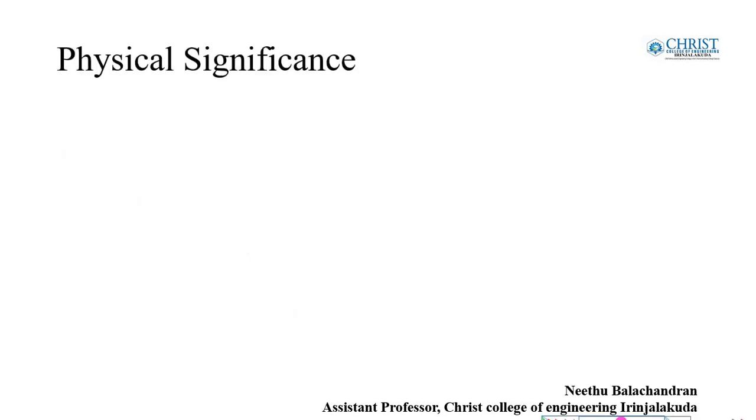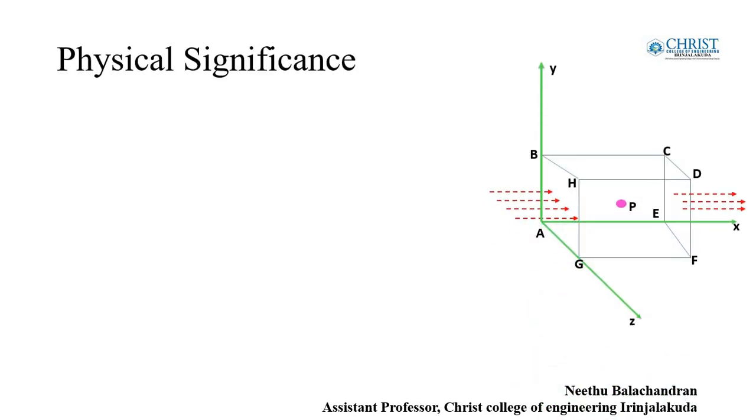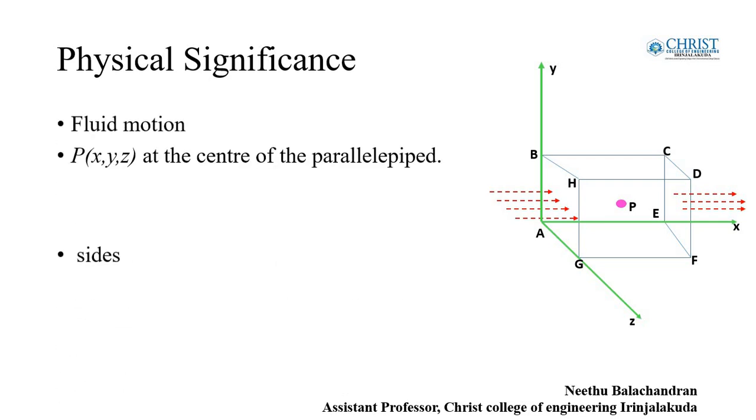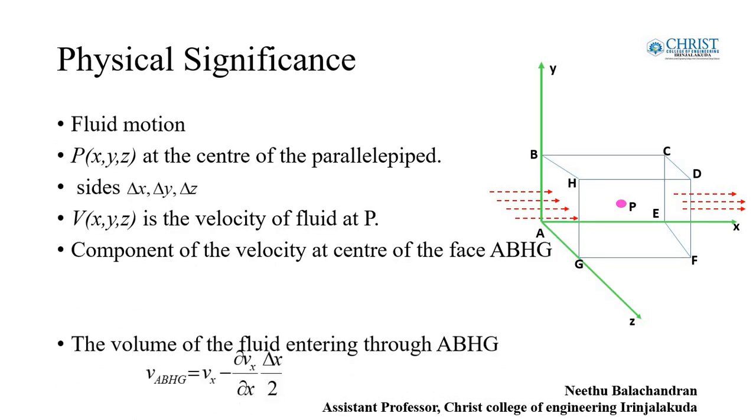Let's see the physical significance. I'm representing a figure. This is a rectangular parallelepiped, and P is the middle of the parallelepiped. P of x, y, z is a point at the center of a small rectangular parallelepiped. The sides of the parallelepiped are delta x, delta y and delta z.